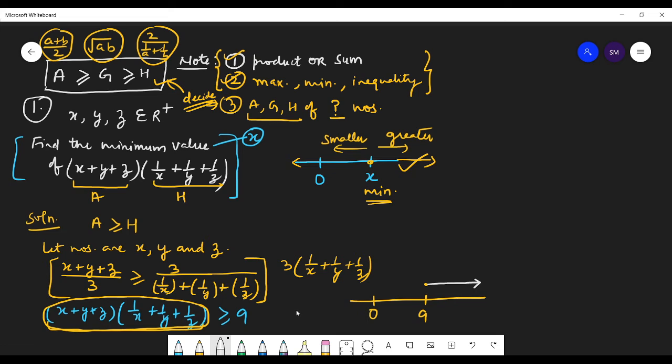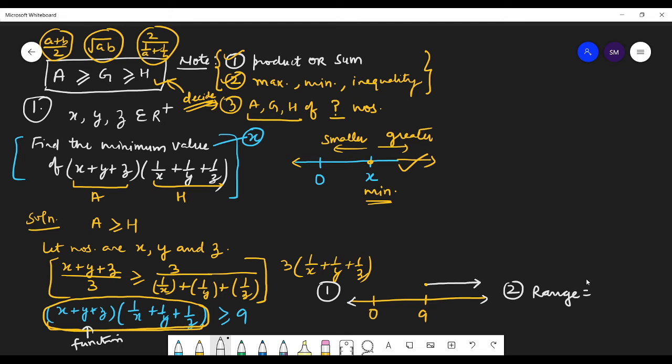Is this clear, students? Yes, sir. Now understand the second way, one more way to write it, that is interval form. So what will be the range of this function?